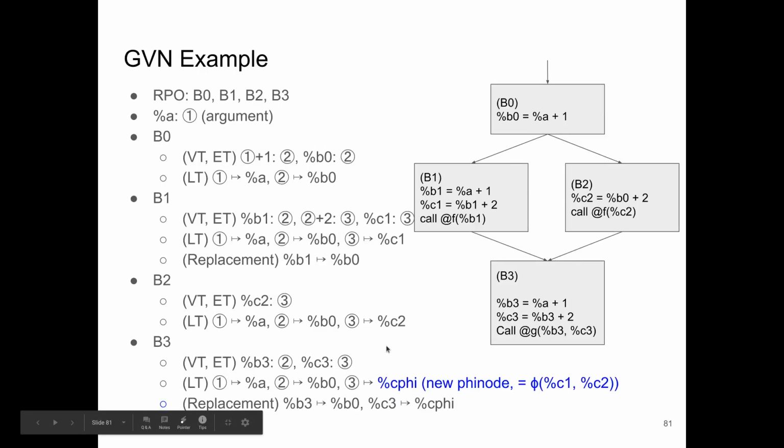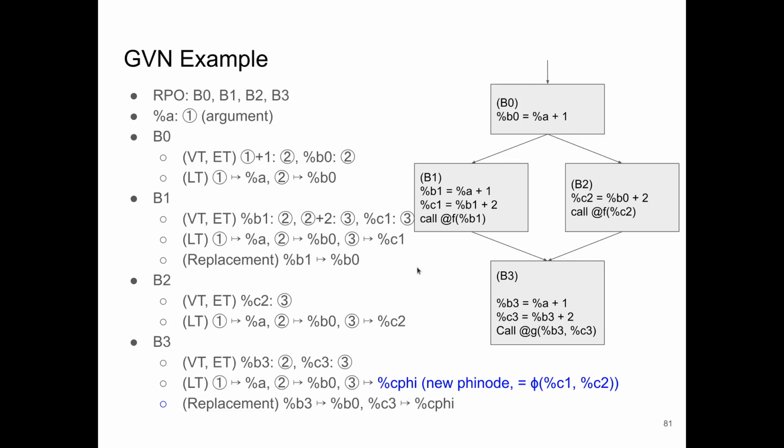Okay, so far so good. By scanning this block, we can see that number 2 and number 3 already have leader values. So we can say that B3 should be replaced with the leader value B0, and C3 should be replaced with the leader value C5, which was just created as a phi node.